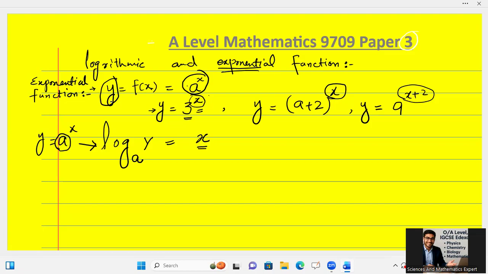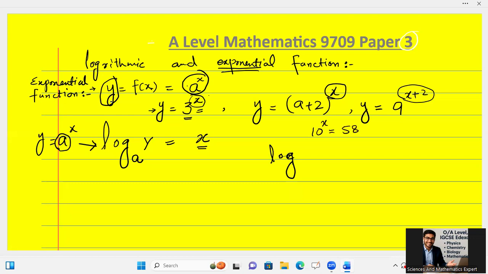Let's suppose we are given an example question: solve the exponential equation 10 power x equal to 58.